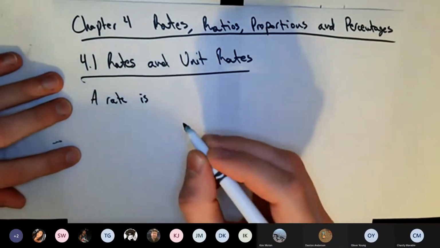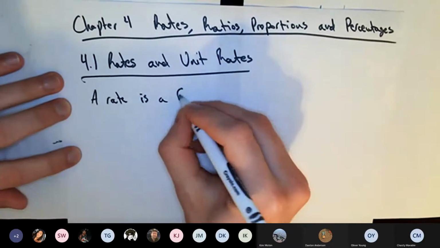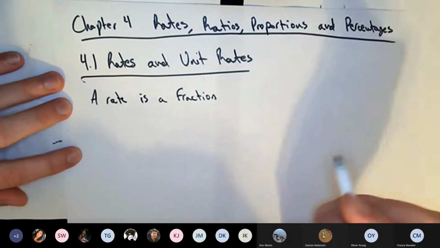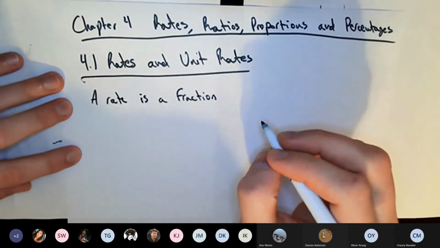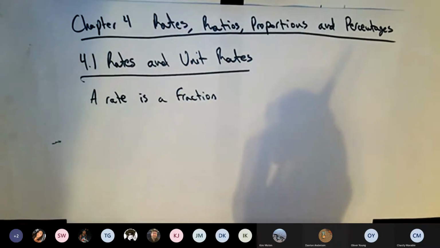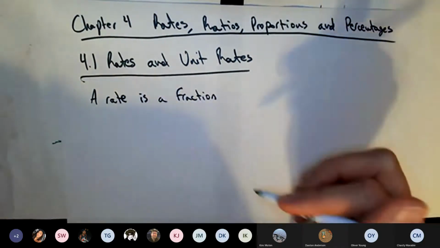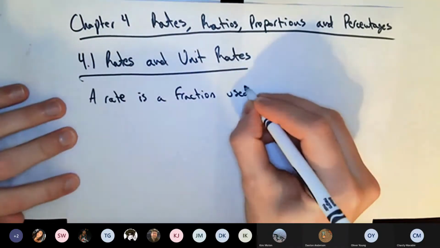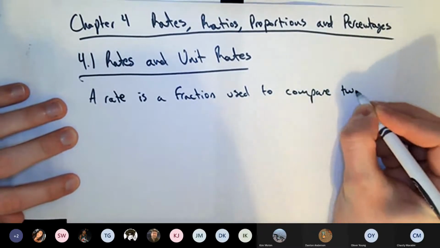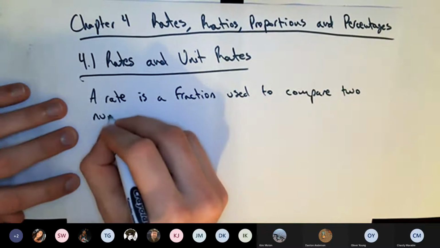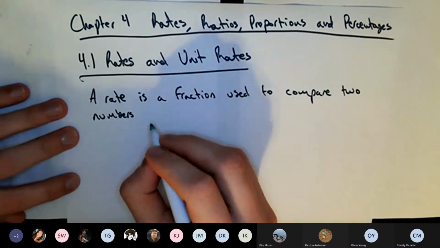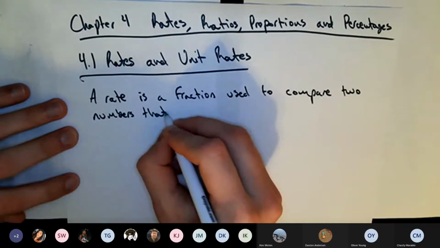A rate is a fraction, so something over something, used to compare two numbers that are not necessarily the same units.